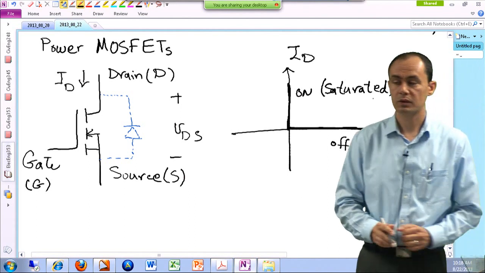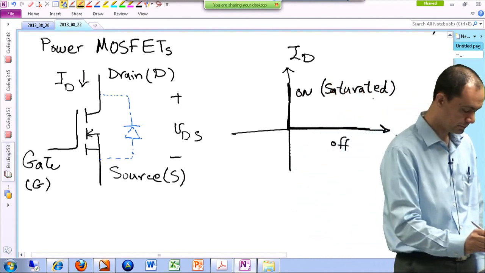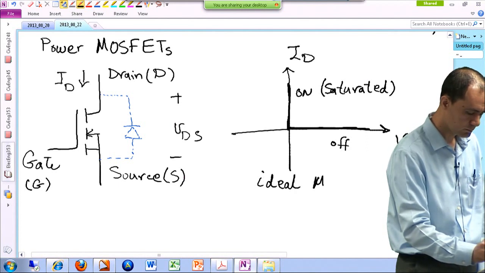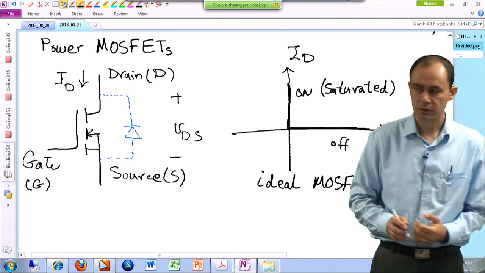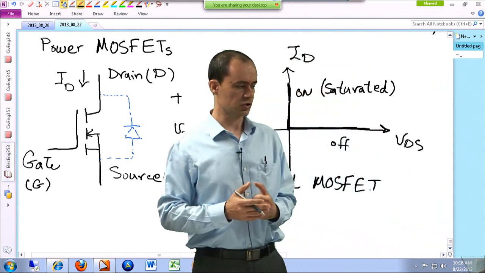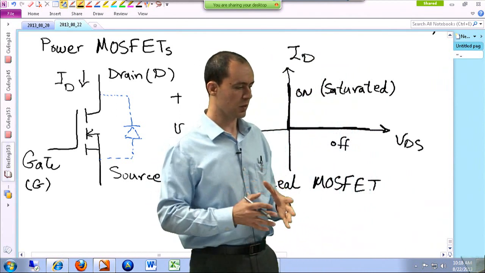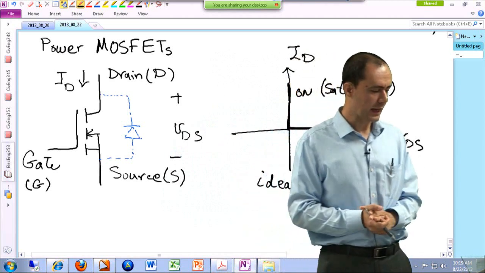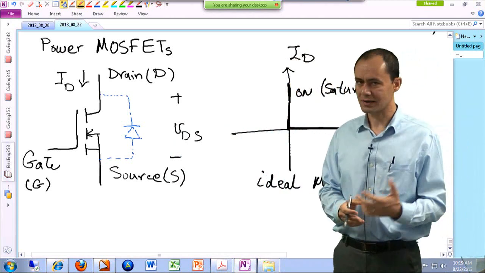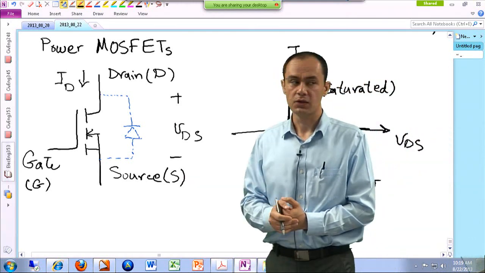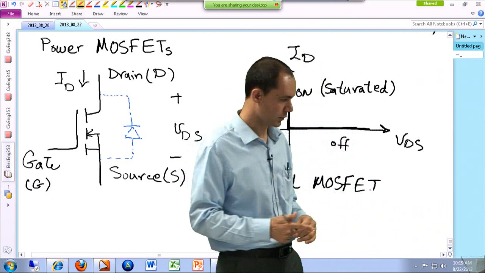Remember, this is the ideal behavior. We're talking about almost an ideal switch. If this switch is off, no matter how much positive voltage appears across it, it won't conduct at all. And once it's turned on by the gate, no matter how much current passes through this device, there is no voltage drop across the component.